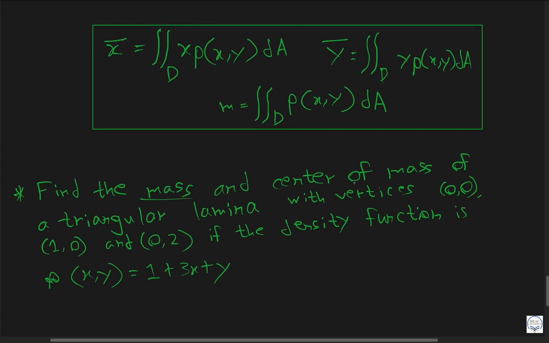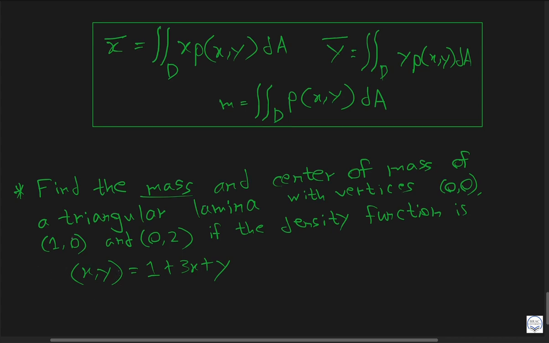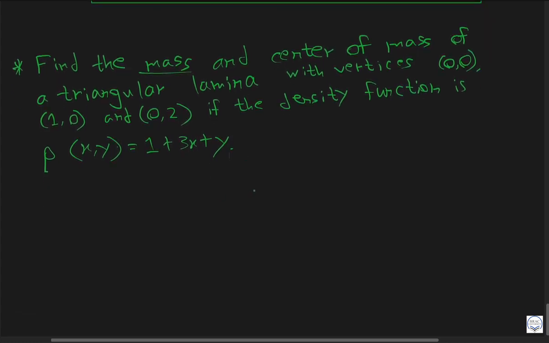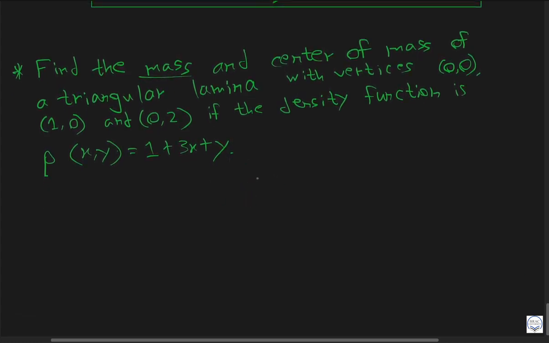Find the mass and the center of mass of a triangular lamina with vertices (0,0), (1,0), (0,2) if the density function rho of x and y equals 1 plus 3x plus y. So let's first start with a diagram of how the lamina is going to look.